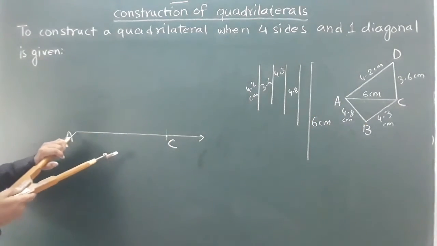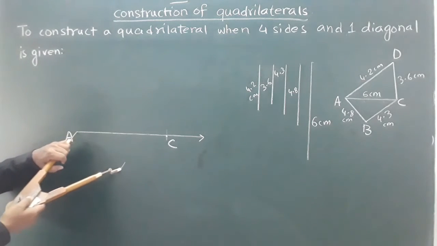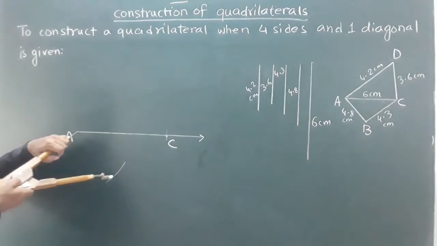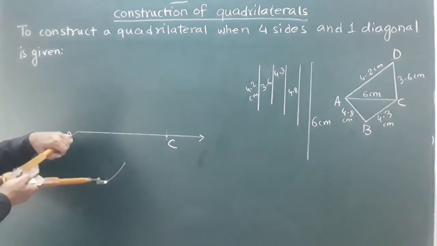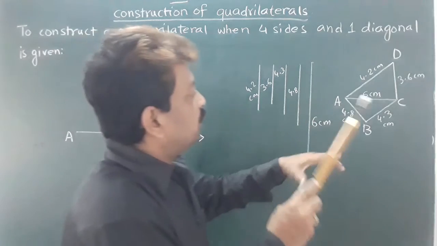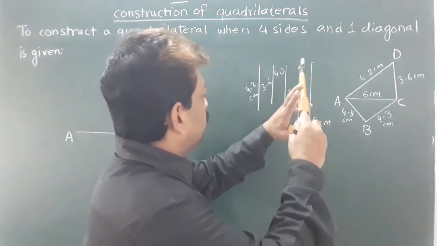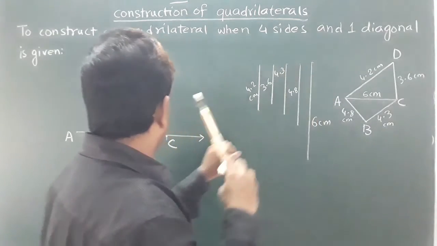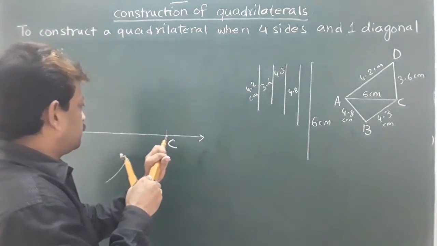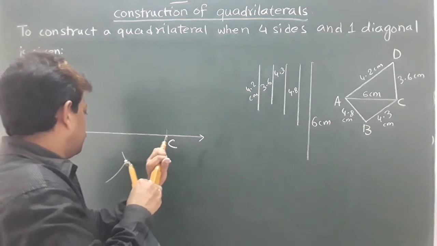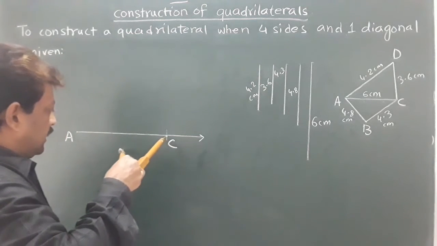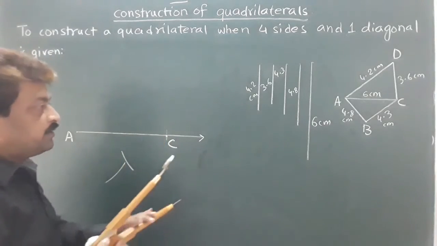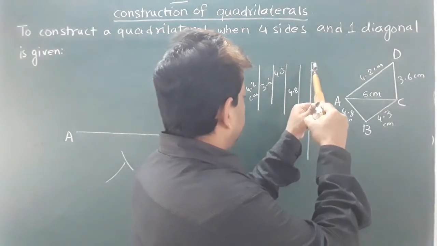Place the compass on A and make an arc whose radius is 4.8 centimeter. Now BC is 4.3. Take this measure 4.3, place the compass on C and draw another arc like this. So these two arcs will meet. Let me extend this arc a little bit.